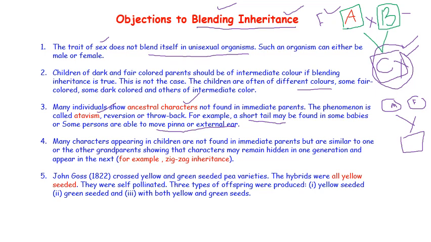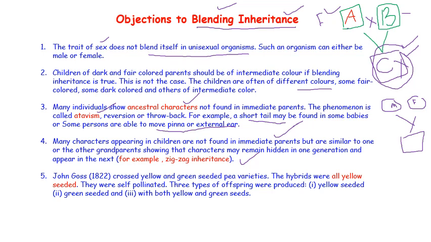So according to blending inheritance, the characters of the offspring should be intermediate between the parents. Here we observe that the offspring shows ancestral characters which are not even found in the immediate parents. Similarly, in zigzag inheritance, some characters appear in the children that are not found in the immediate parents but are similar to one or other grandparent.